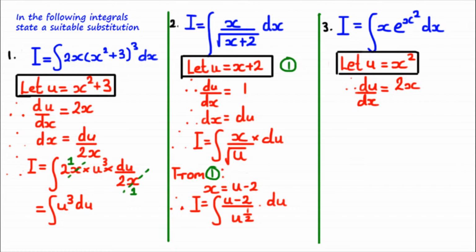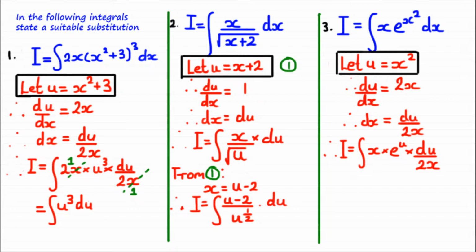Rearranging to make dx the subject, we get dx is equal to du over 2x. Substituting our u terms back in, you can hopefully see the cancelling. This will give us a final integrand of e to the power of u times du over 2, which we can easily integrate, as the integral of e to the power of u is just e to the power of u.